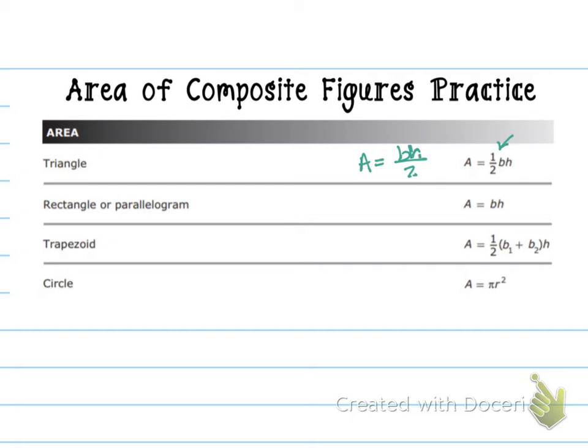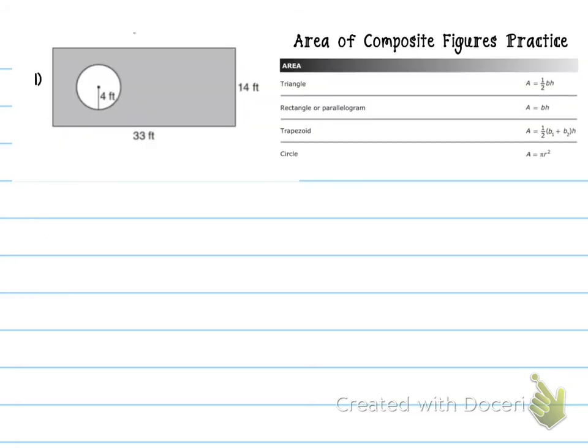Will you get the same answer? Yes, but the more I can work with no fractions, the better off I like it. So just be aware of that. And then that's the same thing right here. You're multiplying by 1/2, but that could be base 1 plus base 2 multiplied by your height divided by 2. Okay, so just be aware of that.